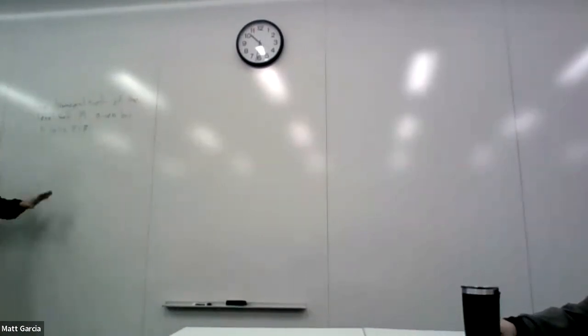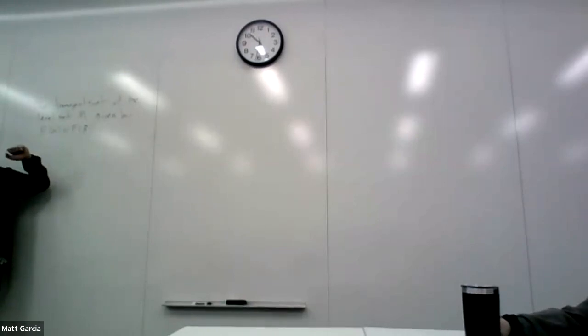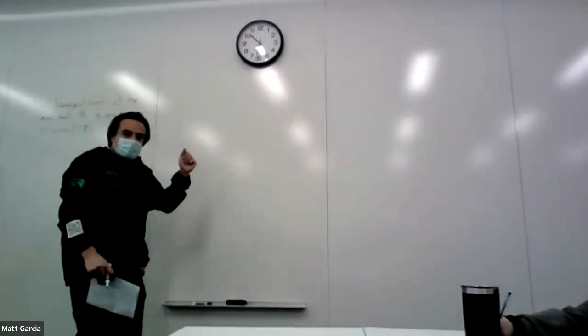Remember, we defined this level set through a point P in the domain of f, right? We produce a real number, a constant that we set the function equal to, to produce a level set.